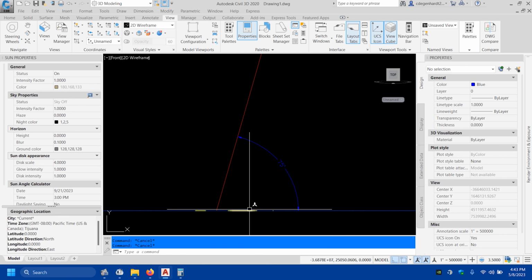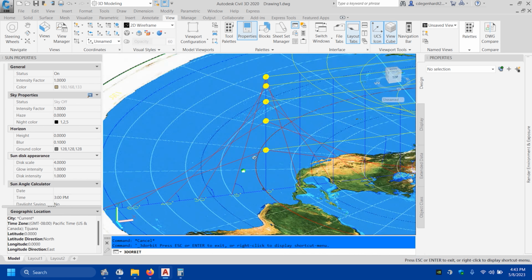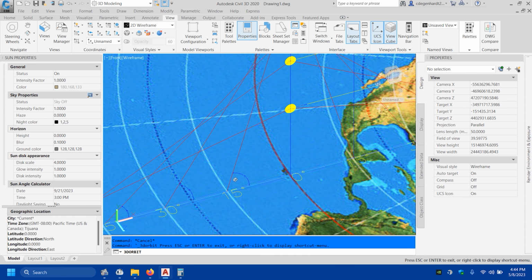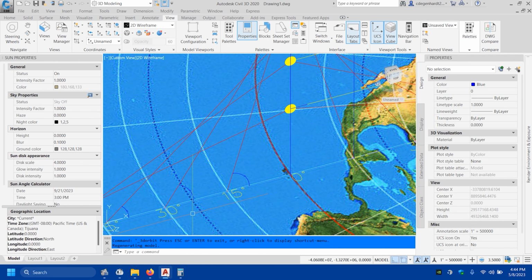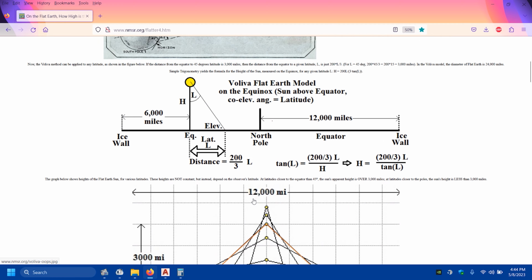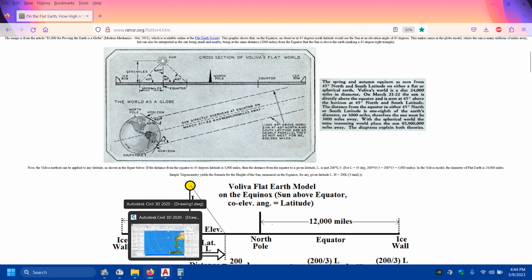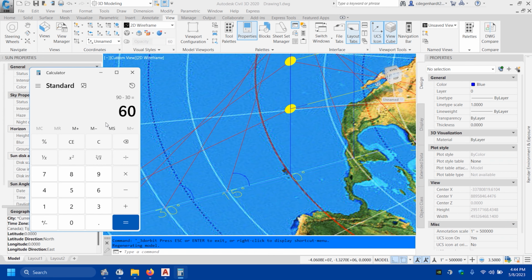Because, so 15 degrees. So 90 minus 15 equals 75.